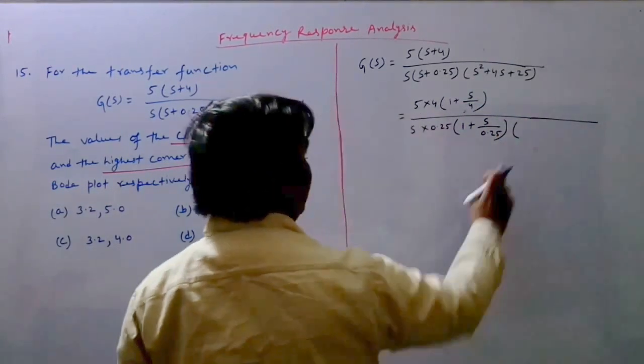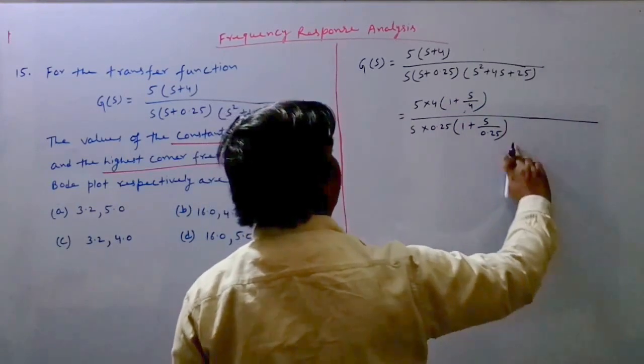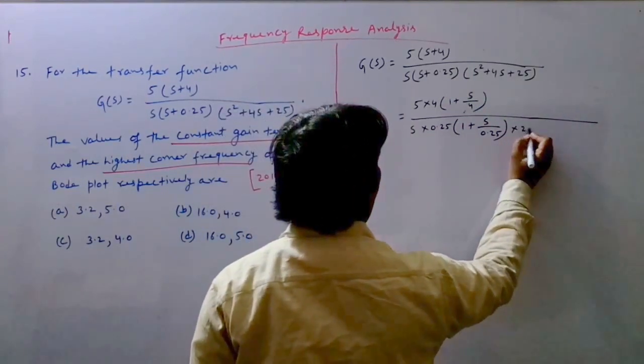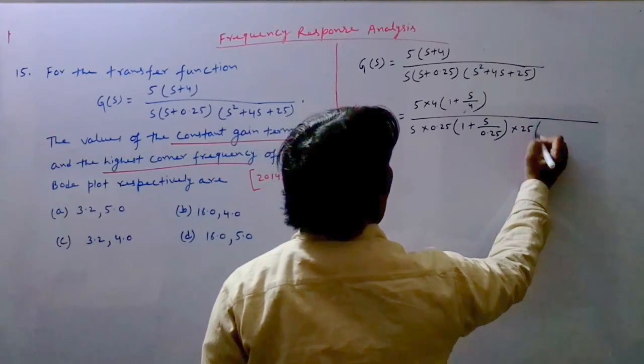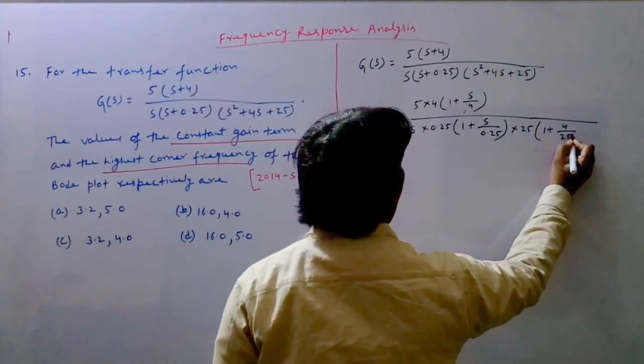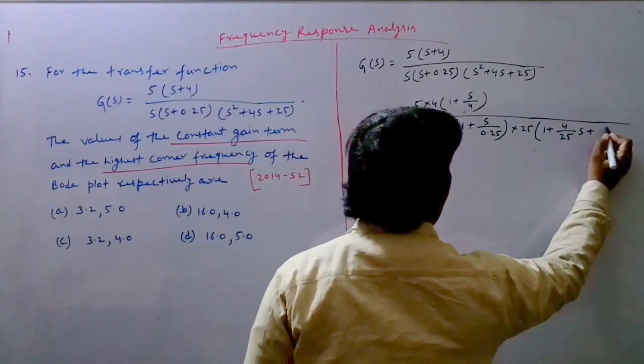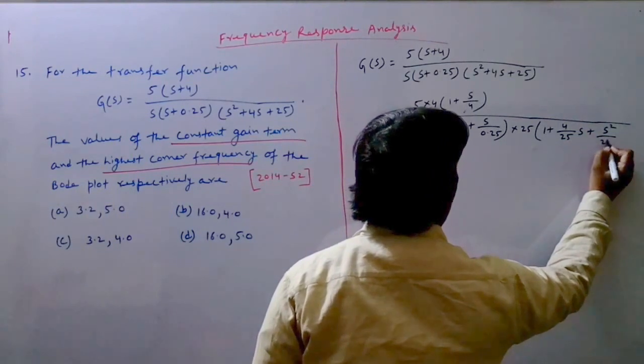Now if we take 25 common from here, it will come 25, and here 1 plus 4 by 25 s plus s square by 25.